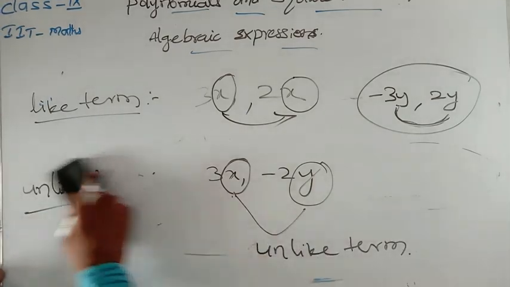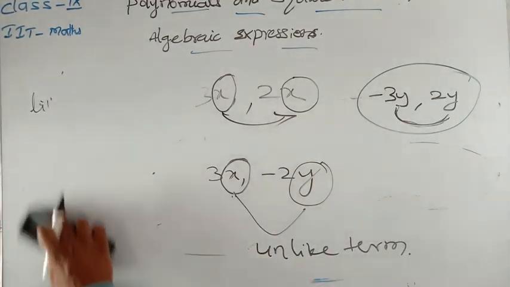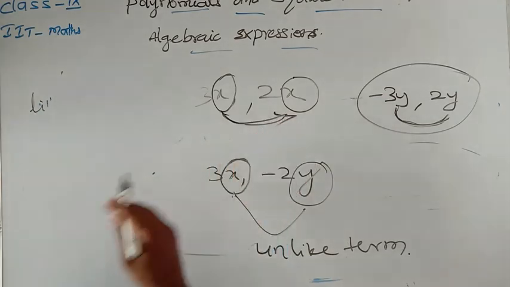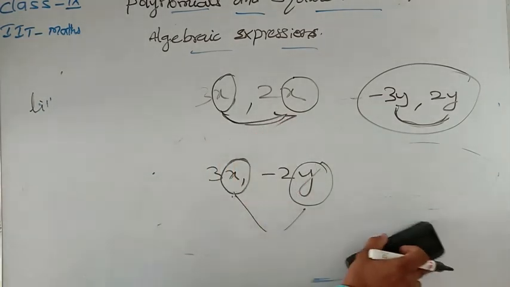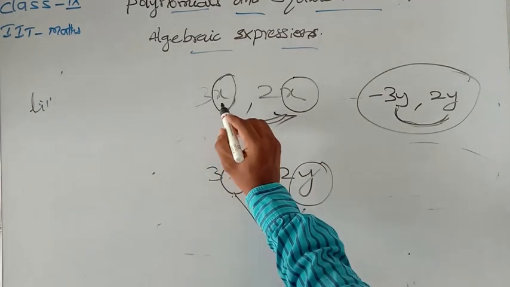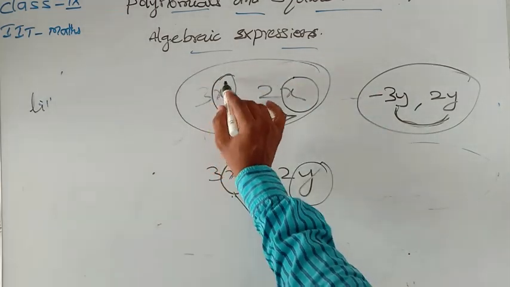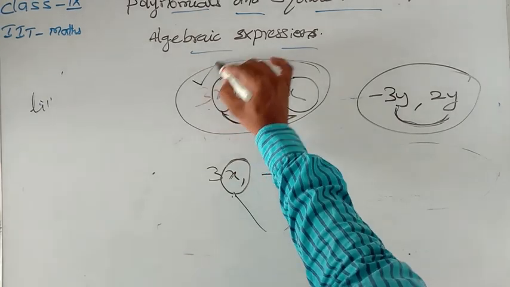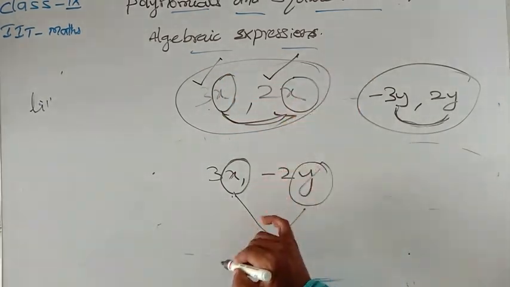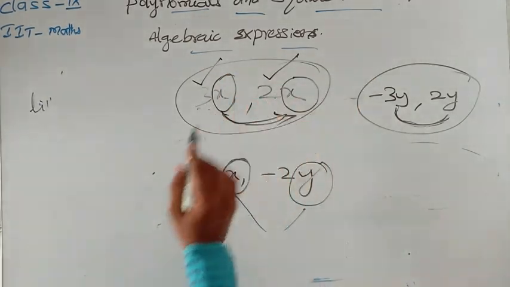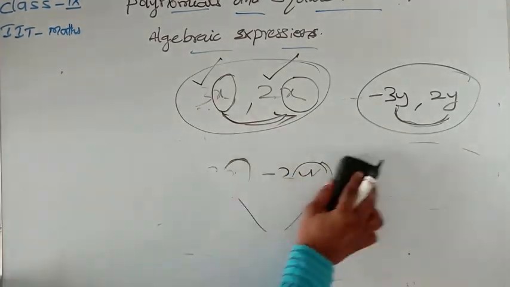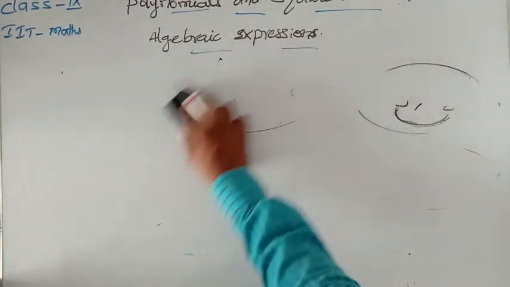I am taking the same example. So these are called literal coefficients. So 2x comma 3x, in these the literal coefficient is x. If I am taking the numerical coefficients here, in this 3x and 2x, the numerical coefficient is 3 and 2. These numerical values are called coefficients.